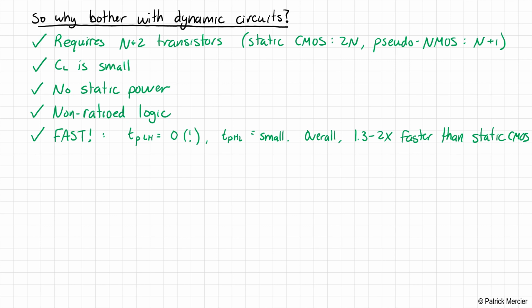But there is no free lunch, so we have some downsides. Let's make a little sad face. The first downside is we have high activity factors. This results in high power.